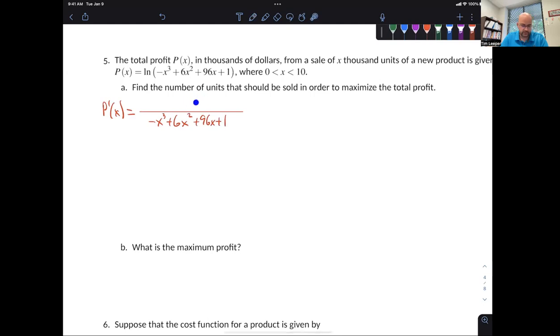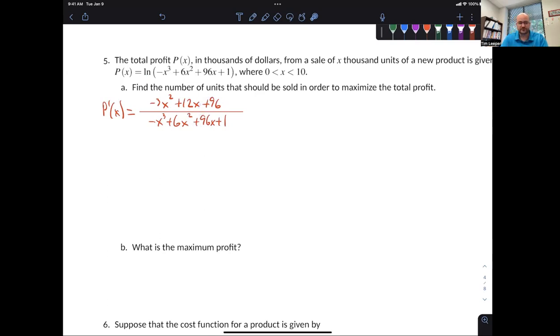And in the numerator, it's the derivative of the argument. And that's going to give me negative 3X squared plus 12X plus 96. Good. Now, because it's natural log, I don't need another natural log in the denominator. And there you go. That's the derivative.